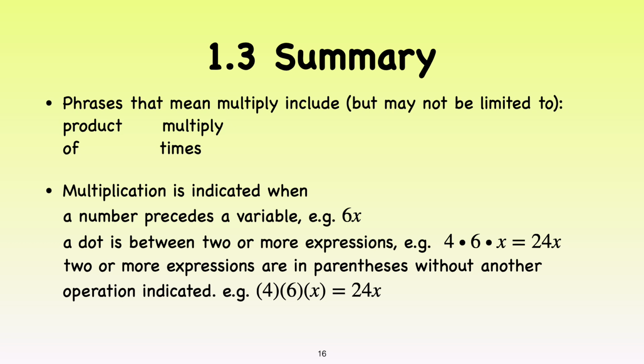And you could simplify that expression, that is, make it shorter, by writing it as 24x, which means 24 times x. Multiplication is indicated when 2 or more expressions are in parentheses without another operation indicated. For example, 4 and 6 and x, where all of those are in parentheses. And that again simplifies to 24x.